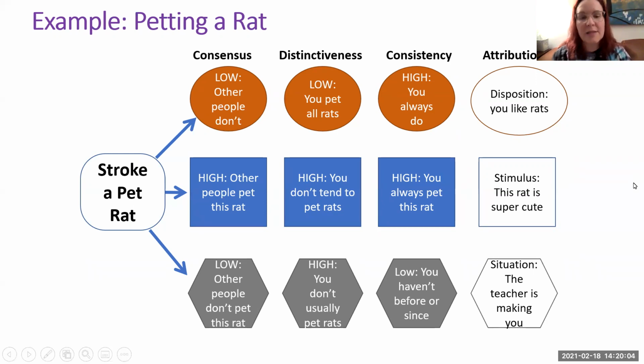With these three possible outcomes, you can come to the attribution of a dispositional attribution, you like rats, or the stimulus is pushing an external attribution. This rat in particular is super cute, so you just can't help but pet it. Or the situation, thinking about the teacher making you pet the rat, that's an external situation. It doesn't have anything to do with you as an individual.